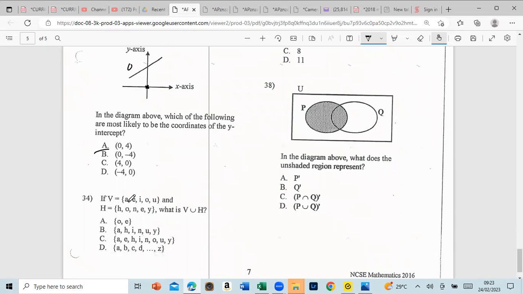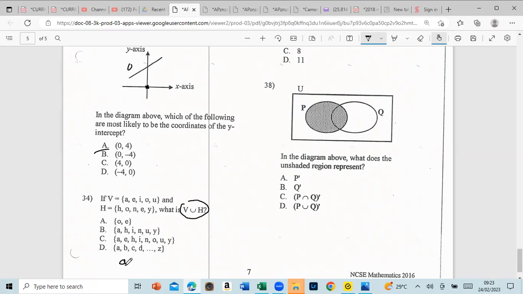If B is equal to A, E, I, O, U, and H is equal to honey, what is V union H? Now look, they say union, so we're going to combine all of them. Alright, so let's go with the common ones first.